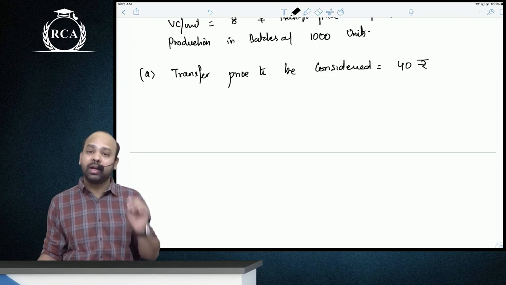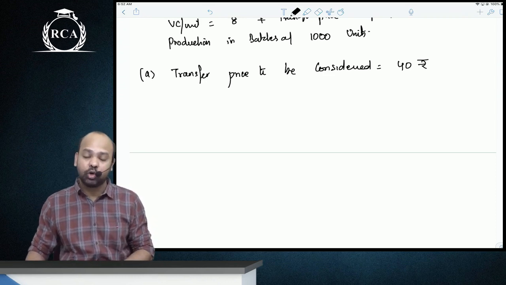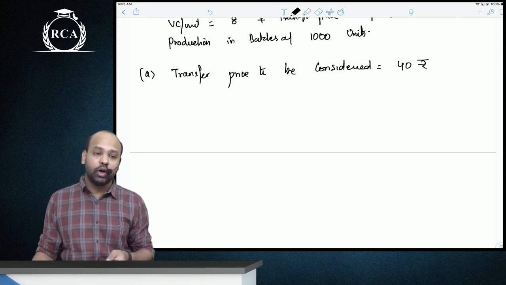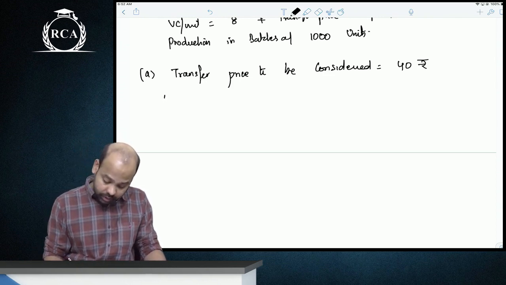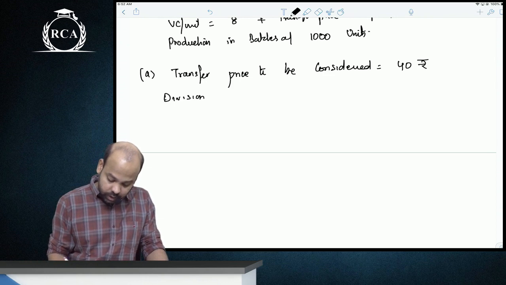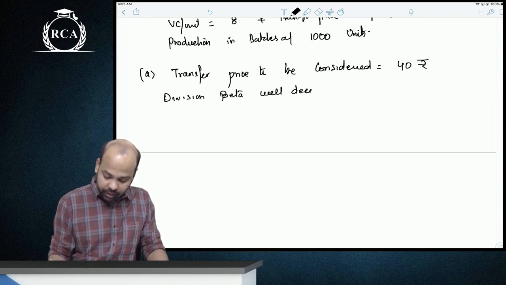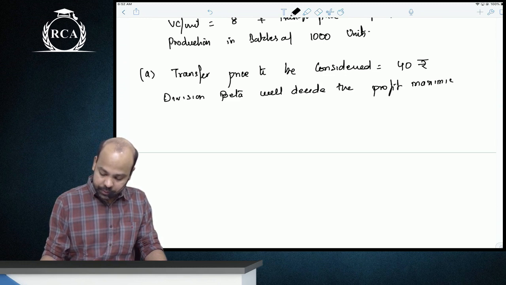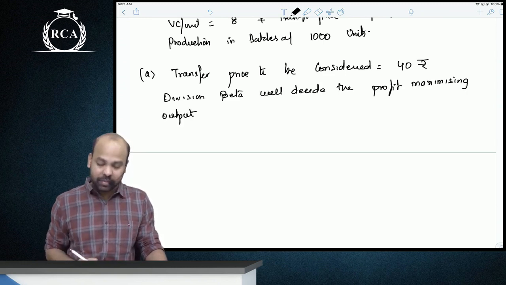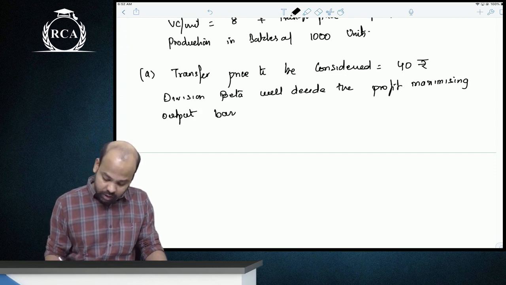That means division beta will decide the profit maximizing output, based on a transfer price of 40 rupees.